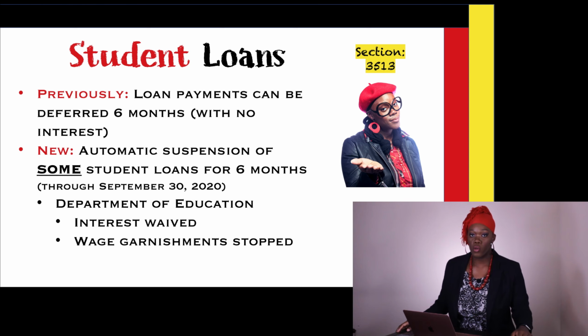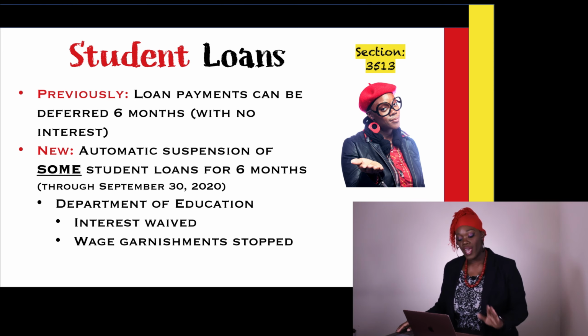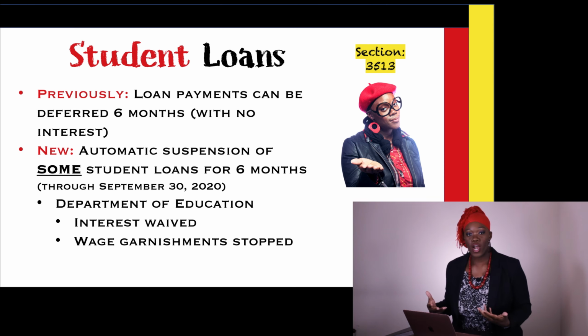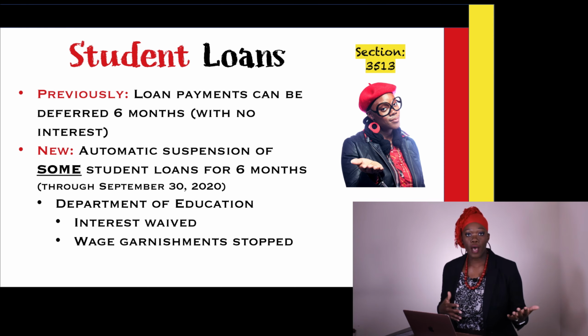So if your loans are with the Department of Education, meaning with the federal government, then you're likely eligible here. And then along with that, interest is going to be waived once again.